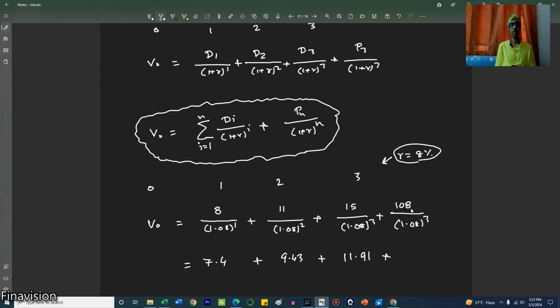Same, 108 divided by 1.08 to the power 3. So this is 85.73. Now if you sum it up, it comes to 85.73 plus 11.91 plus 9.43 plus 7.4. This comes to 114.47. So this is our V0 in this simple example that we have done.